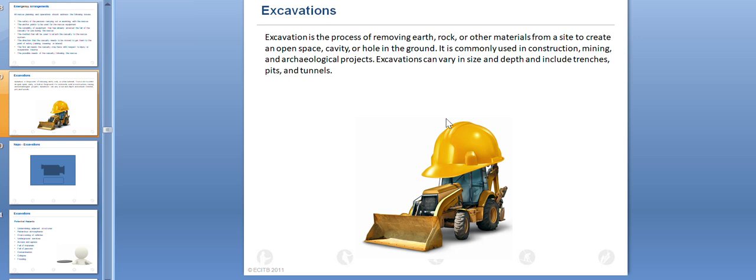This is the fifth video in which we are discussing common hazards. Before we discuss work at height, this one is excavation. What is excavation? Excavation is the process of removing earth, rock or other material from the side to create an open space, cavity or hole in the ground.